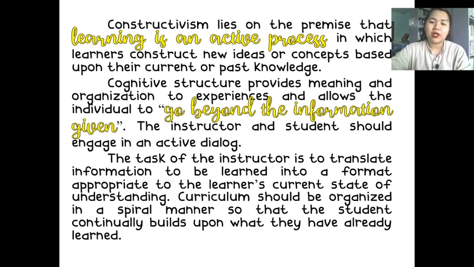Bakit spiral manner? Say, for example, in the K-12 curriculum, di ba sinasabi natin that the K-12 curriculum is in spiral progression. Nakakita na ba kayo ng spiral? Katulad lang sa notebook, yung parang spring niya, di ba? From the very bottom, paakyat, ganon. Ano ba yung kapag sinabi natin spiral?